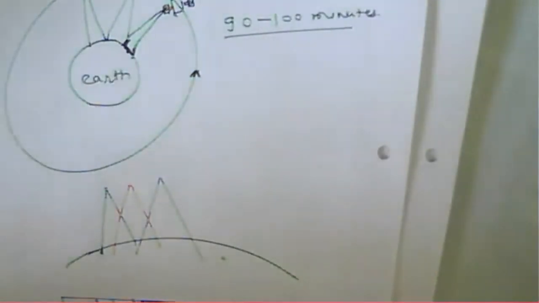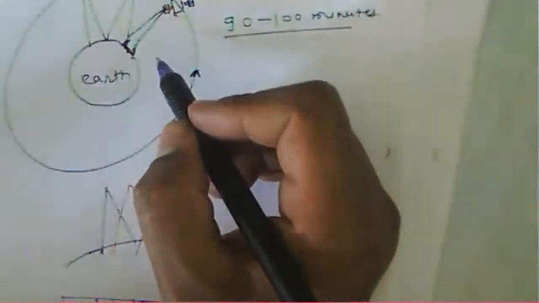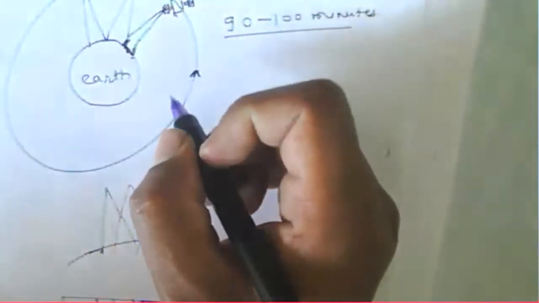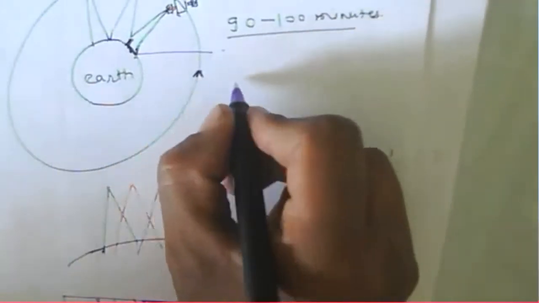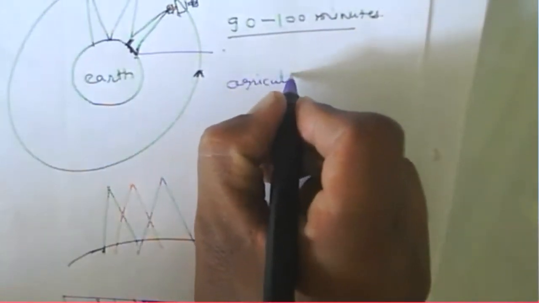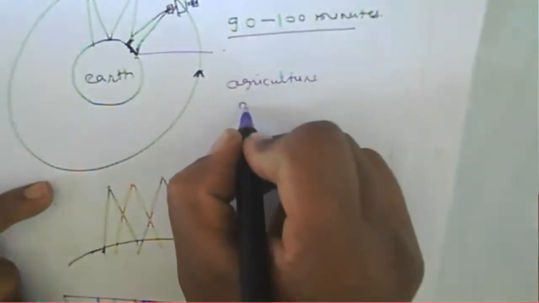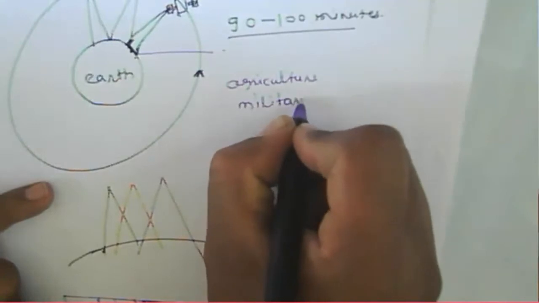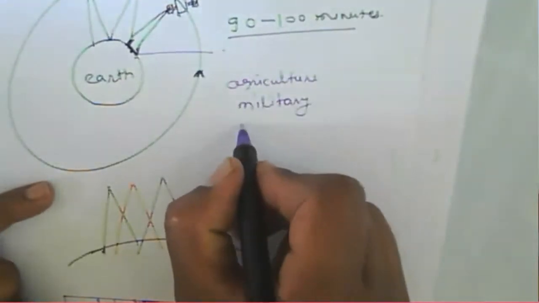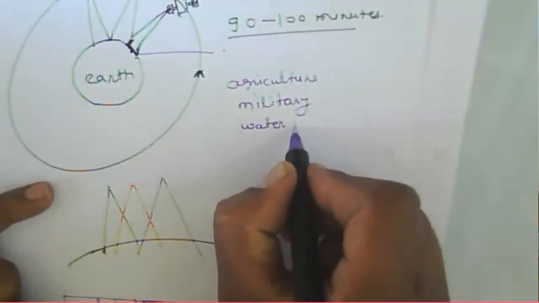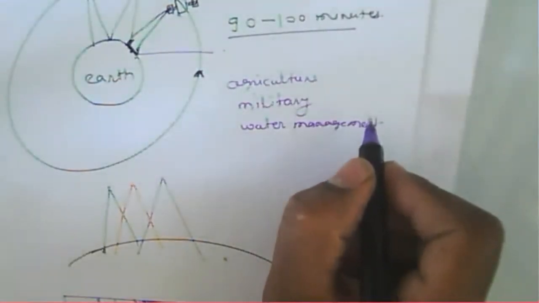We will get multiple images there, and those multiple images can be used in applications such as agriculture, military navigation systems, water management systems, or checking of floods and all.